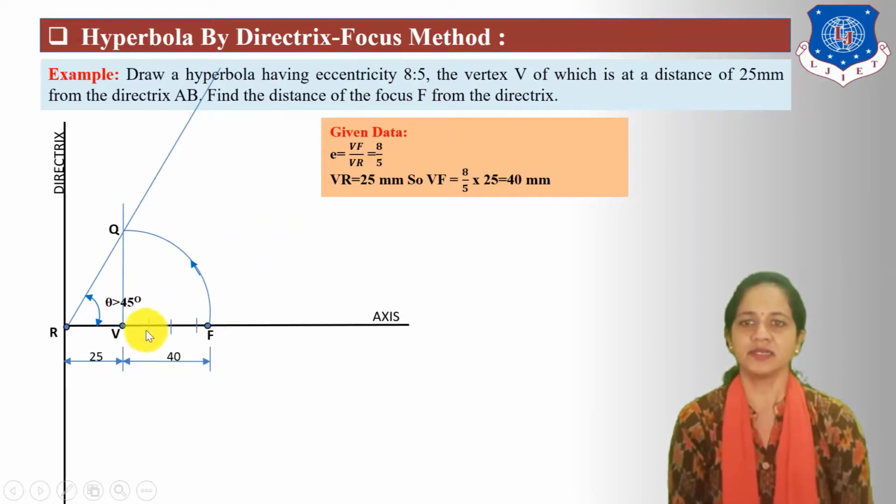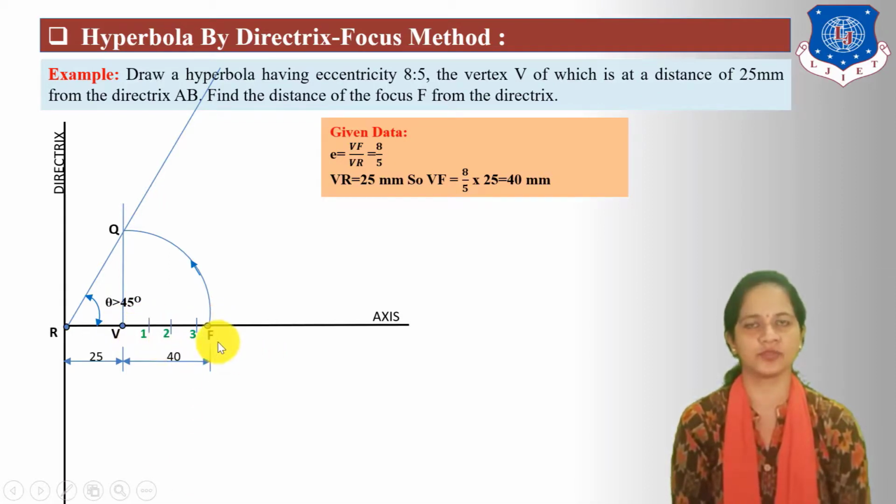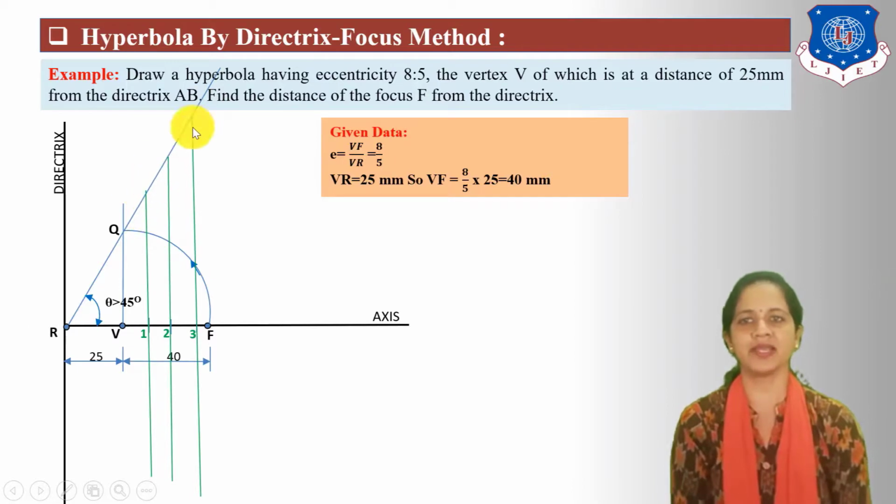Next, take 3 equal or unequal divisions on axis from V point and mark here division points as 1, 2, 3. Next, draw a vertical line passing through all these divisions up to this theta degree angle line. Mark here points as A, B, C.